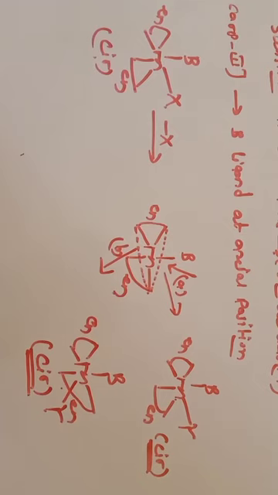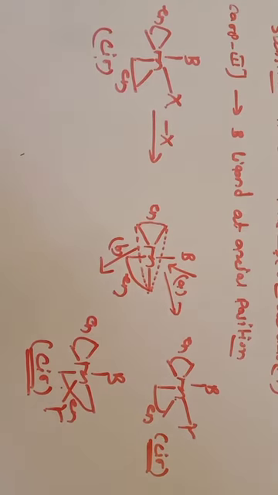In the second case, when considering the stereochemistry of trans and cis isomers of octahedral complexes with a trigonal bipyramidal intermediate, when the B ligand is part of the trigonal plane, then there are three possibilities. Two are cis isomers and one is a trans isomer. So we get three products, two with cis configuration and one trans isomer, when the B ligand of the reactant is part of the trigonal plane.